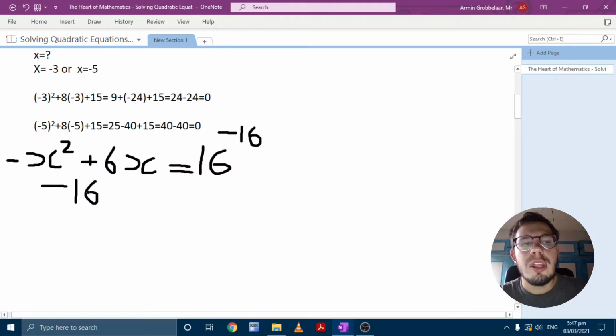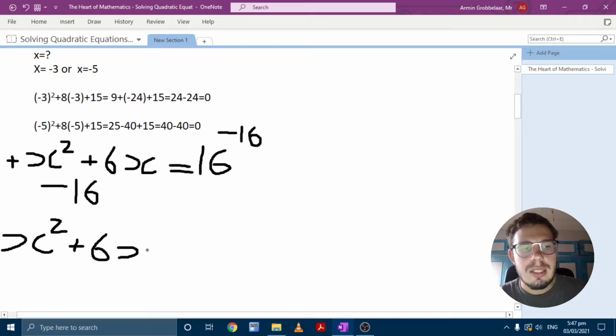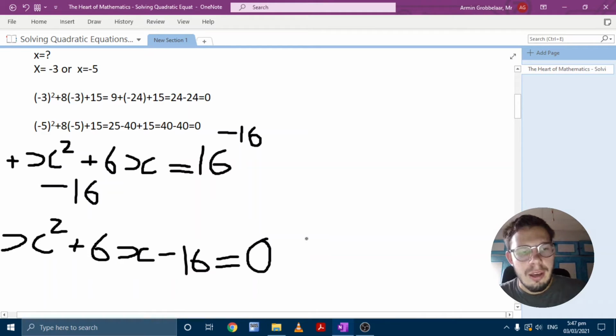So what I'm left with here is x squared plus 6x minus 16 is equal to, now plus 16 minus 16 is just 0. And there I have it in the form that I can work with.